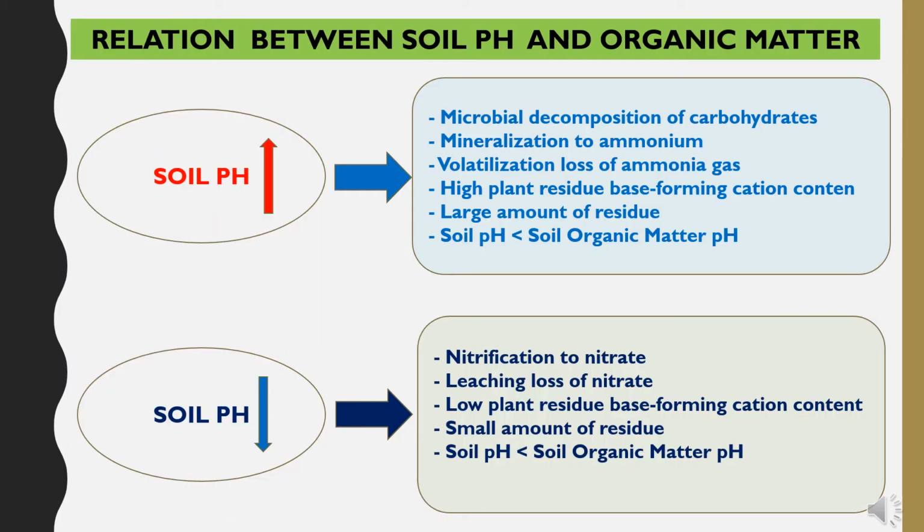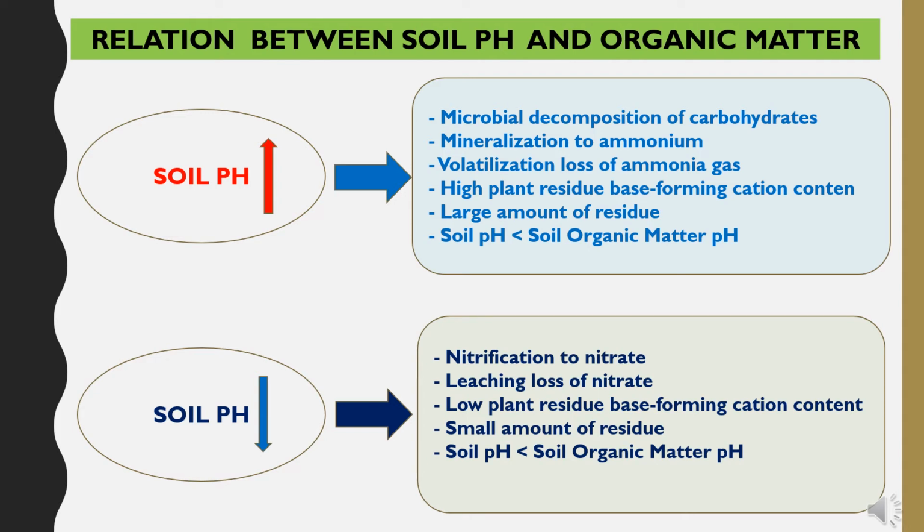Here we have shown the picture showing the relation between soil pH and organic matter. In case of soils having high soil pH, there will be processes like microbial decomposition of carbohydrates, mineralization to ammonium, volatilization loss of ammonia gas, and high plant residue base forming cation contents.